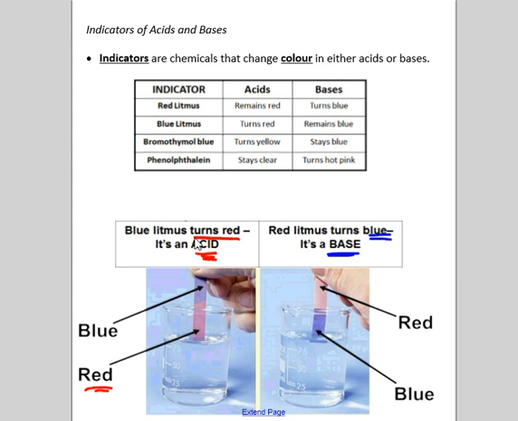If I put it into an acid, it stays clear, but it also stays clear in a neutral solution. It will turn a bright hot pink color in a base. Because neutral solutions quite often don't result in color changes, it is important that we test both for acid and for base to make sure that we haven't tested and resulted in a neutral solution. Not everything is an acid or a base.